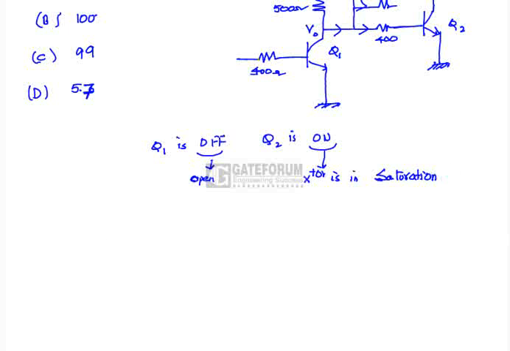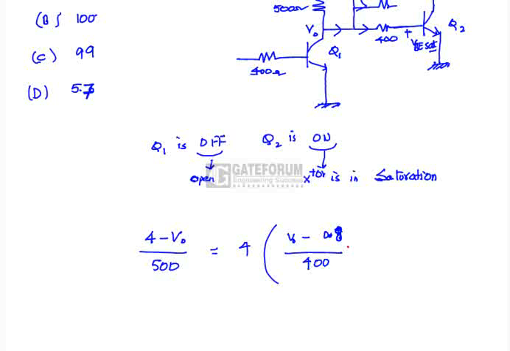Here, first (4 minus V0) divided by 500 equals 4 times (V0 minus 0.7 or 0.8, because VBE sat) divided by 400.